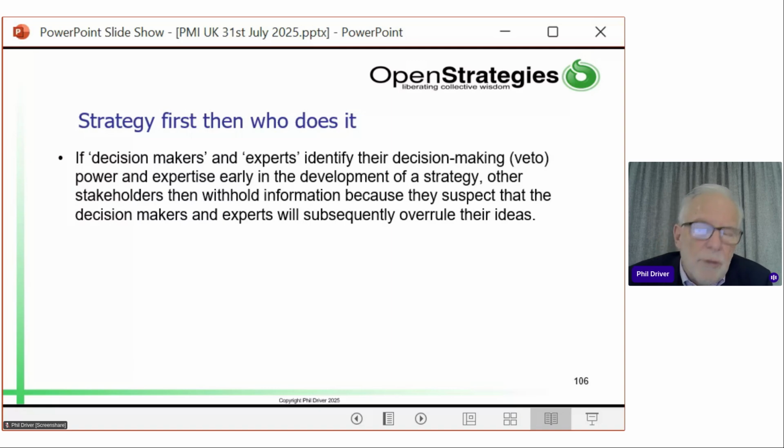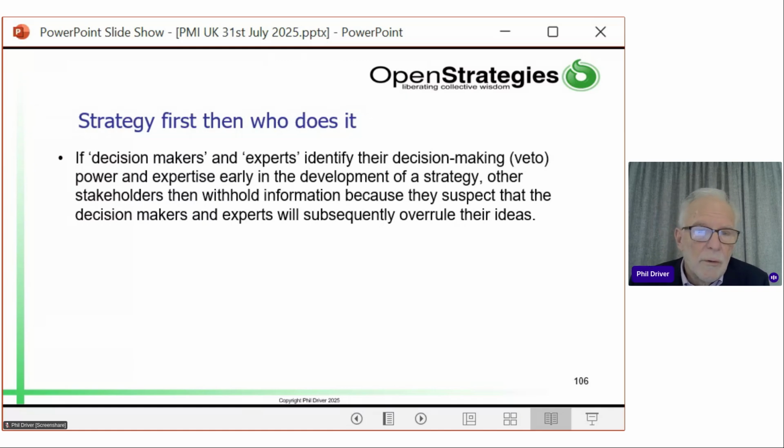Tell me what you're interested in. Do not tell me what your expertise is, and do not tell me your position in the hierarchy. Because if somebody says they're the chief executive, everybody stops talking because they think they're going to be overruled. So try and run workshops where you focus on the issues, the projects, results, the uses and benefits, and not who is going to make decisions about them.